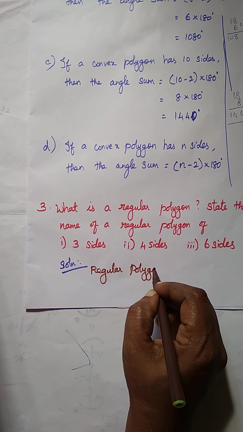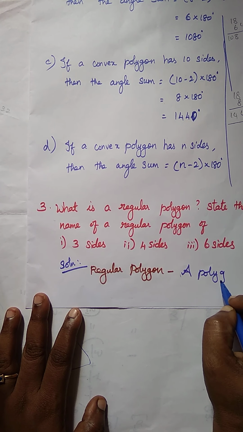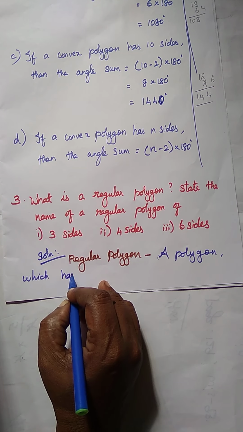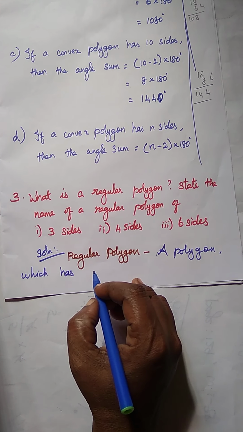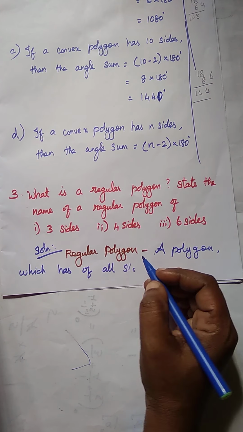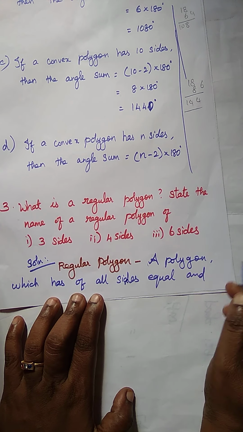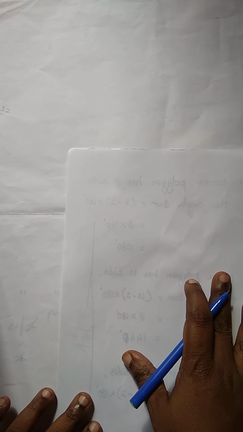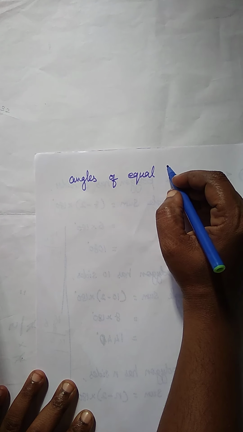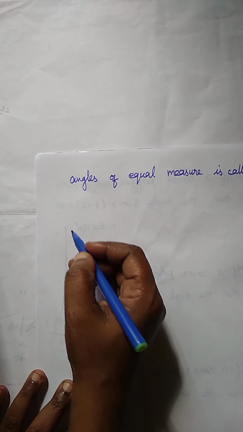Regular polygon. So, write: a polygon which has all sides equal and angles of equal measure is called a regular polygon.